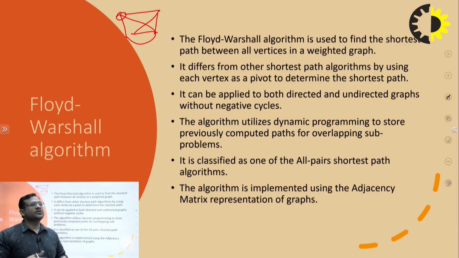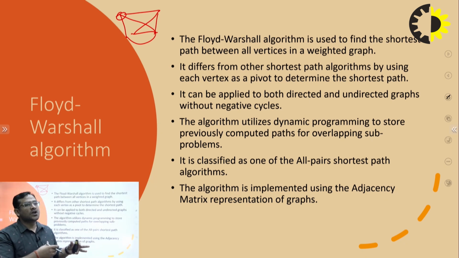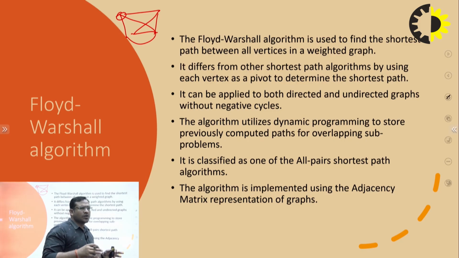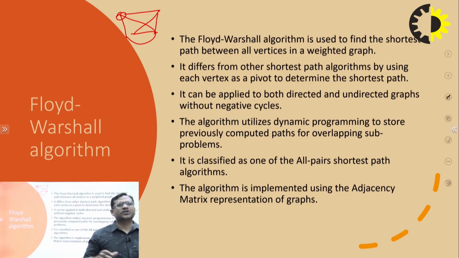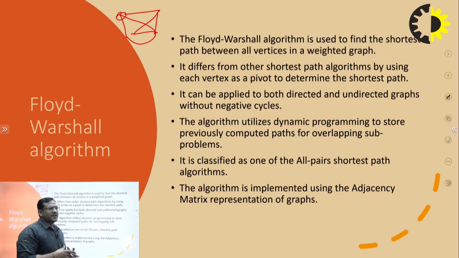This algorithm utilizes the dynamic programming concept to store previously computed paths for overlapping subproblems. It is classified as one of the all pair shortest path algorithms. There are many all pair shortest path algorithms, but today I am going to discuss the Floyd-Warshall algorithm. It is implemented using the adjacency matrix representation of the graph.